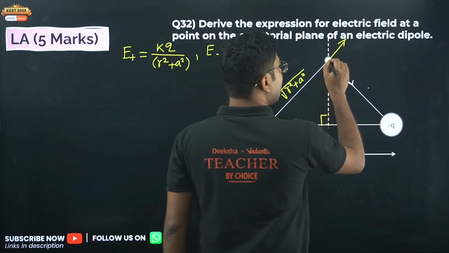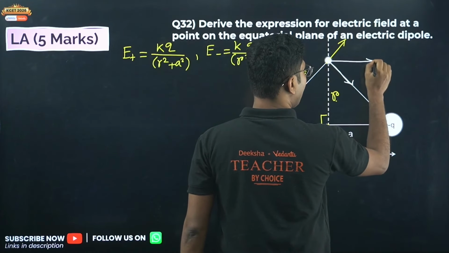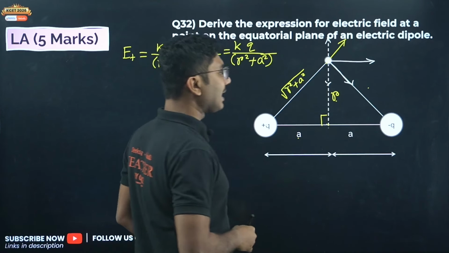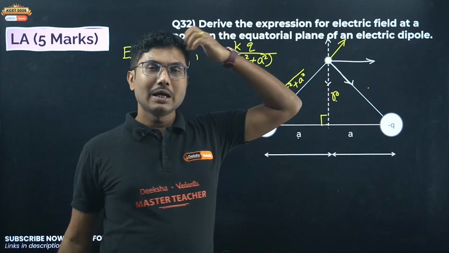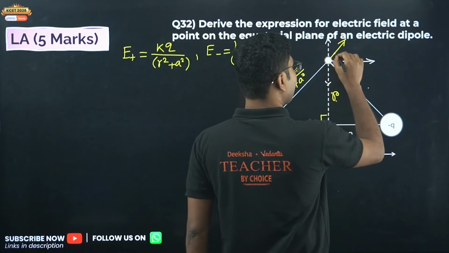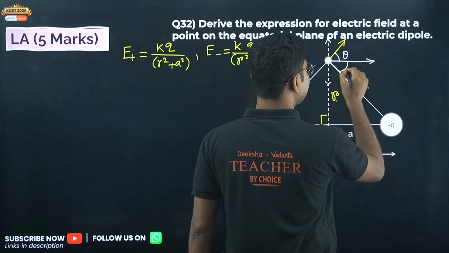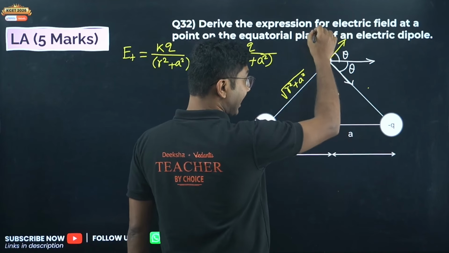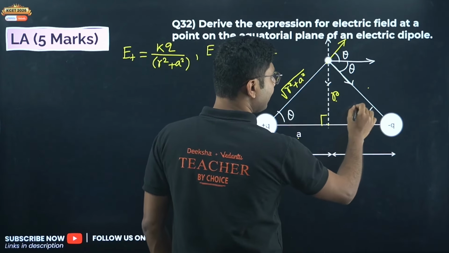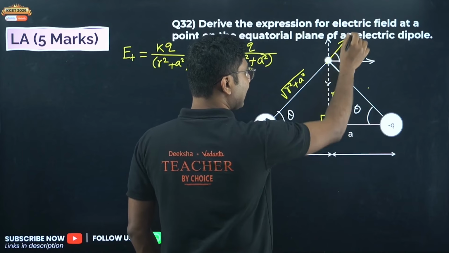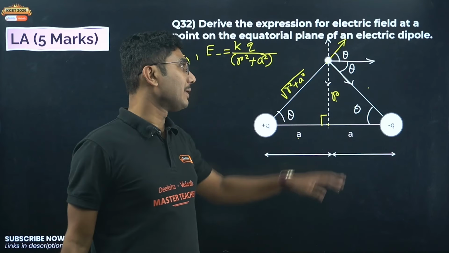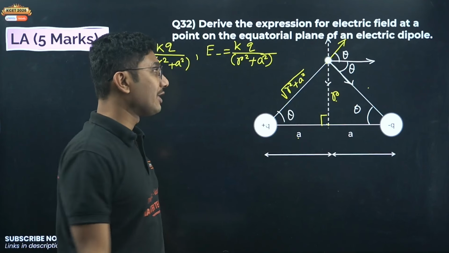For that, if we take components along this direction and along these two directions, then we will realize that the components along y will cancel each other, only the components along x will remain. Fortunately both angles will be the same, because this is an isosceles triangle, since this is along the equatorial plane. So if this angle is theta, this angle will be theta, and this angle is theta, this angle is also theta. These angles are coming in different ways, but both angles are fortunately the same.